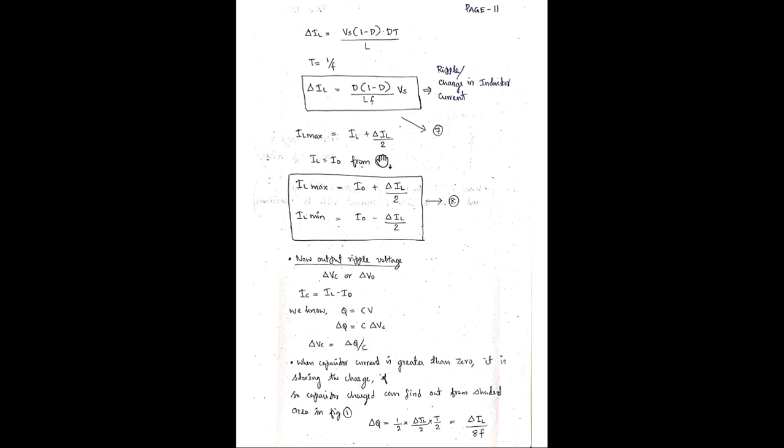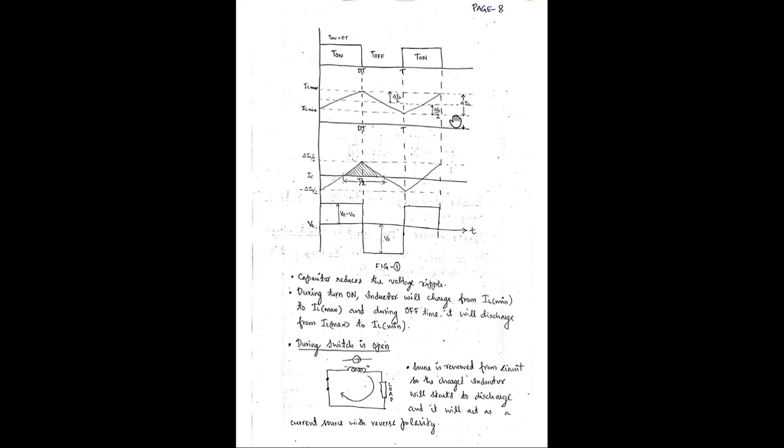And IL max will be equal to IL plus del IL by 2. That is from this equation, where del IL is the change in inductor current and this is the IL.